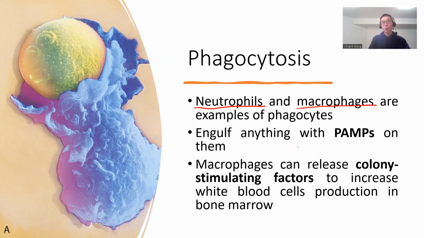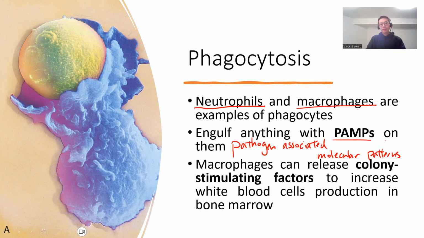They were monocytes first, and then they're able to change into macrophages when they encounter pathogens. So how do they know what to eat? They eat anything that has what we call PAMs on it. PAM stands for pathogen associated molecular patterns.